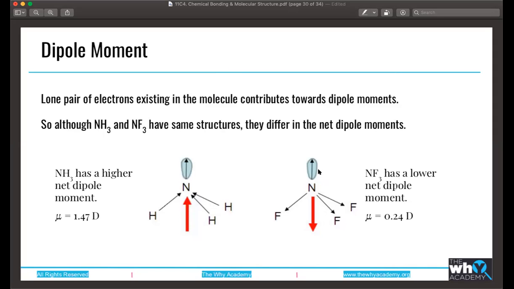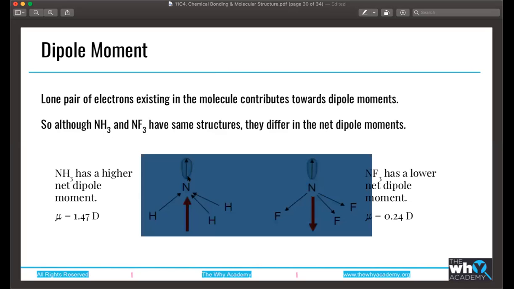The reason is that, one, the direction of the individual bond dipoles between nitrogen-hydrogen versus nitrogen-fluorine is going to be different because the difference in electronegativity is different. Hydrogen is less electronegative than nitrogen, but fluorine is greater than nitrogen. And secondly, nitrogen has one lone pair of electrons, right?